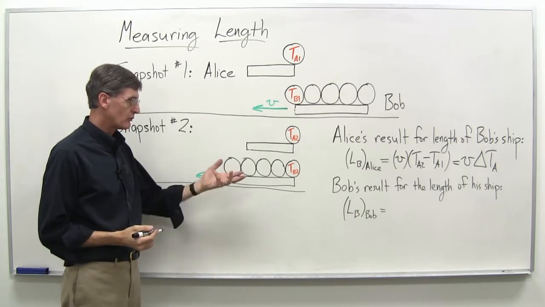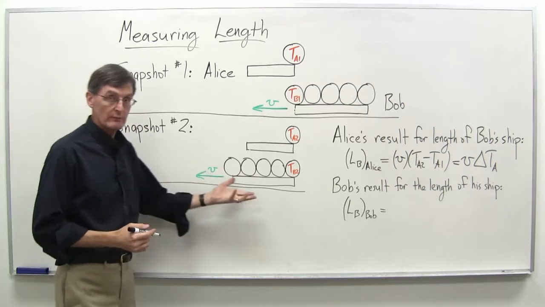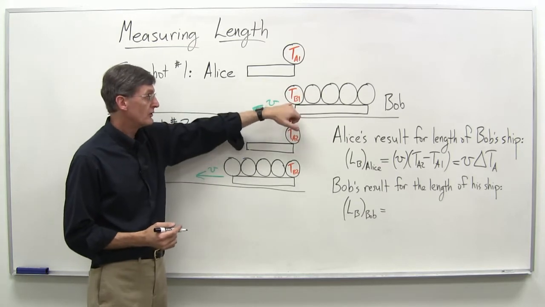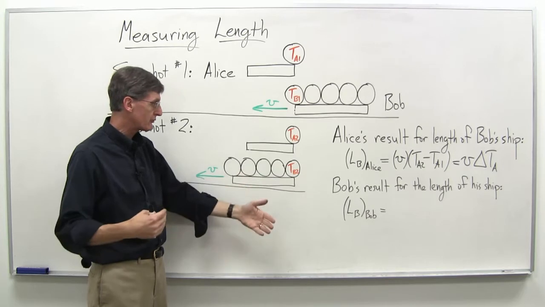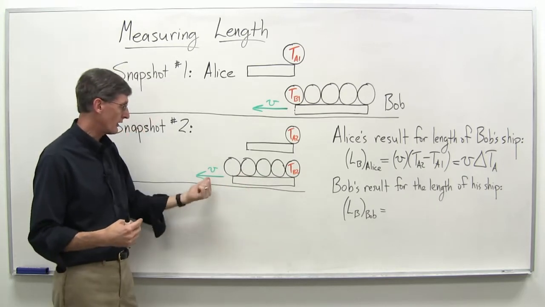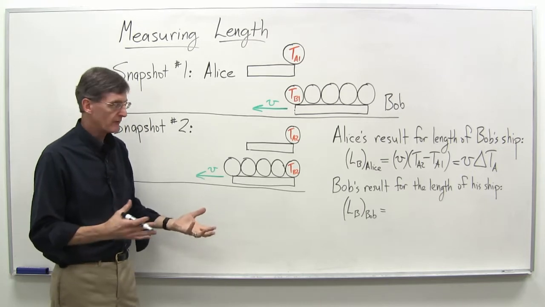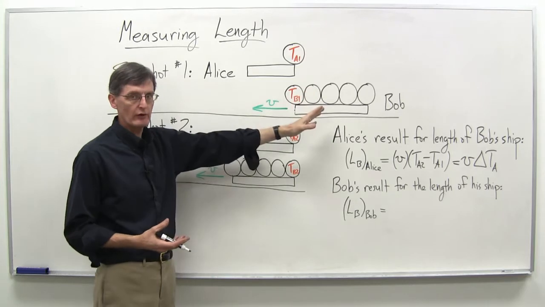And then Bob says, well, I can also get the length of my ship from our little experiment here because the photographs record TB1 and TB2. So that's my elapsed time in terms of my clocks. You could think of it from his perspective as if he's at rest and Alice is going by.